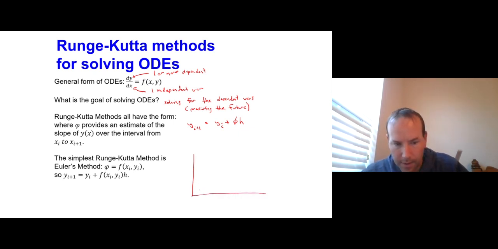If we have x_i, x_{i+1}, y_i, y_{i+1}, and the true solution might look something like this.